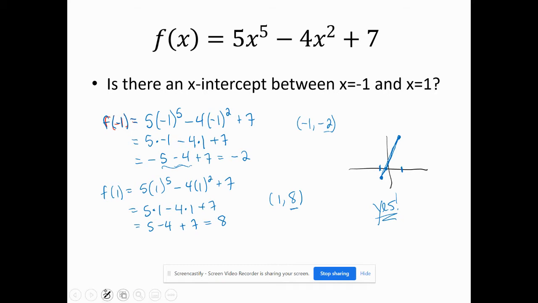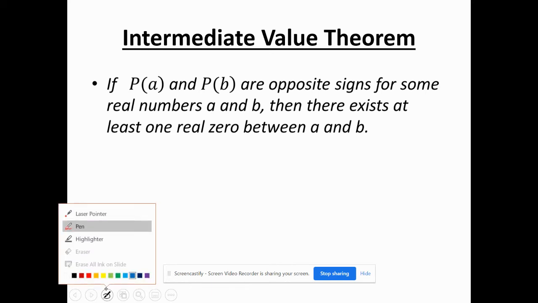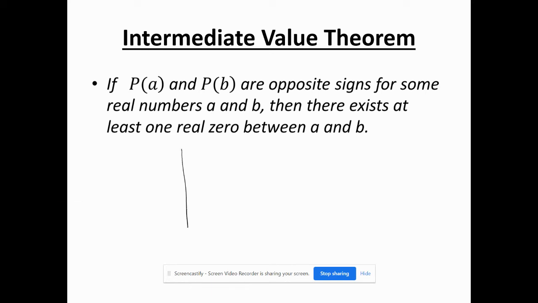So let's take us to our next slide. And here's the mathy way to actually say all that. If P of A and P of B are opposite signs for some real numbers A and B, then there exists at least one real zero between A and B. So let me just draw again what we were just looking at.